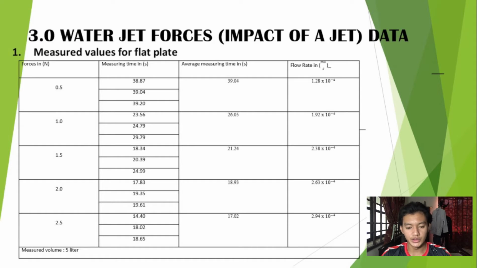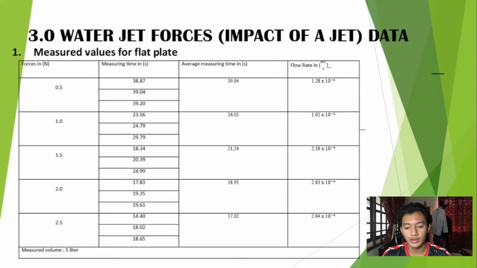Okay, this one is the water jet force, impact of jet data. The first one is the measured value for the flat plate. To get the average measuring time, we add the 3 measured times and divide by 3, and get 39.04.